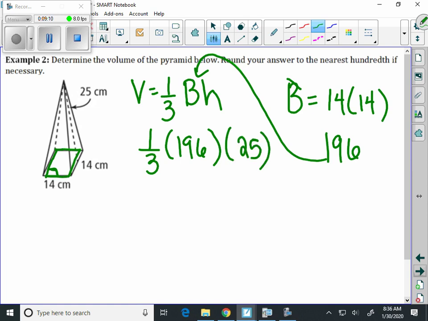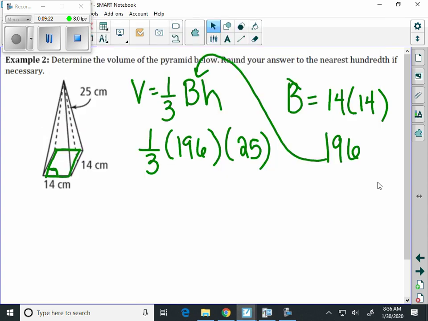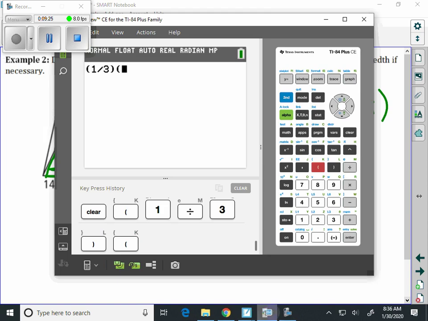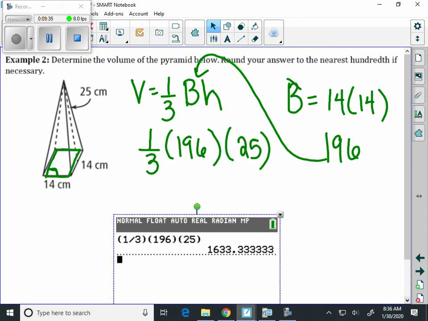What's going to happen on this one is we're going to get a decimal answer. So when we type it into our calculator, again, you don't have to have a fraction button: 1 divided by 3 times our 196 times the 25. And we round the answer to the nearest hundredth for our volume.